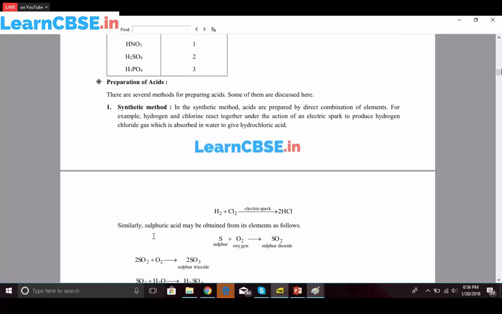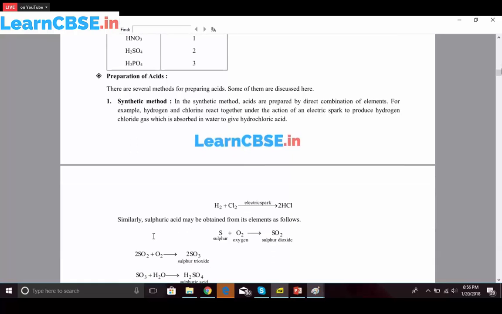Now the next topic is the preparation of acids. How can we prepare acids? Synthetic method: acids can be prepared by the direct combination of the elements. For example, if you want to prepare HCl, there are two elements present in HCl, hydrogen and chlorine.